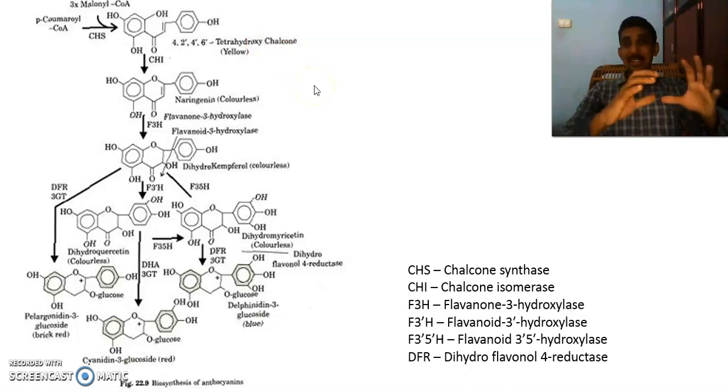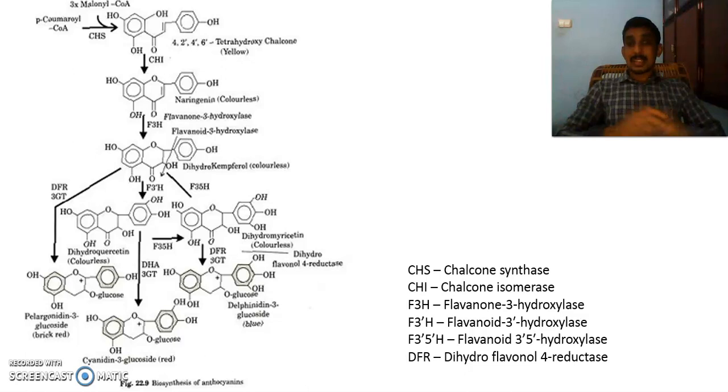So this is the biosynthetic pathway of flavonoid which gives brick red color, blue color, and with inhibition of some of these enzymes we will get colorless, that is white flower also.